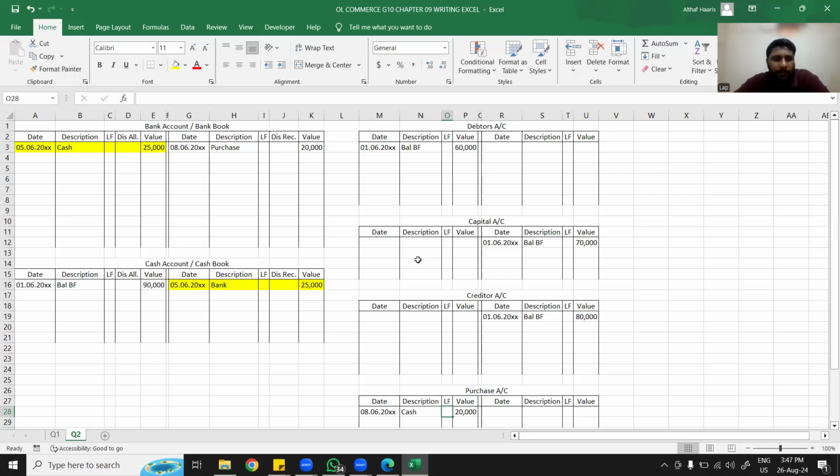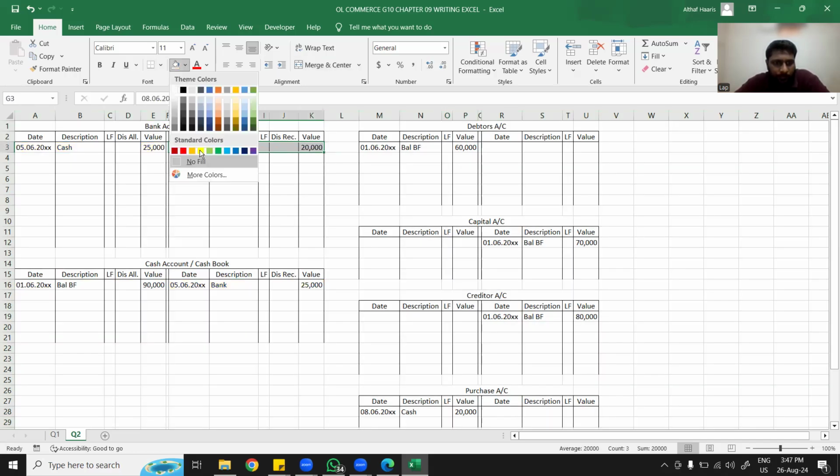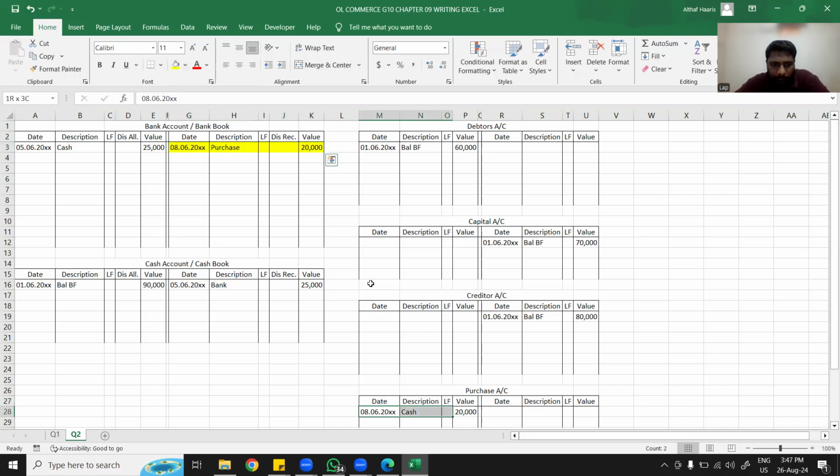Purchase account debit, bank account credit.